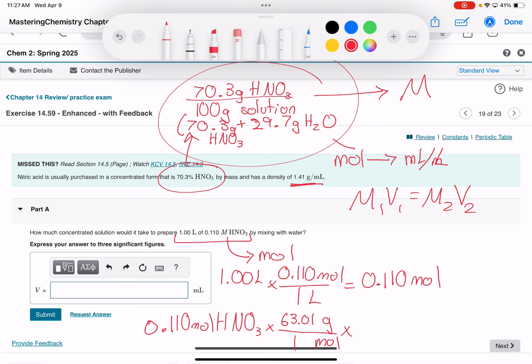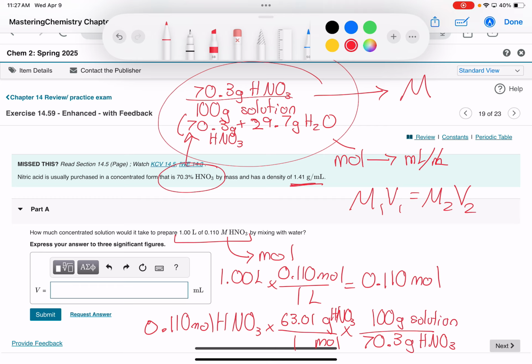And now, this is grams of HNO3. Now I'm going to use this percent as a conversion factor. So I'm going to put 70.3 grams of nitric acid on the bottom, the 100 grams of solution on the top, but it wants volume.